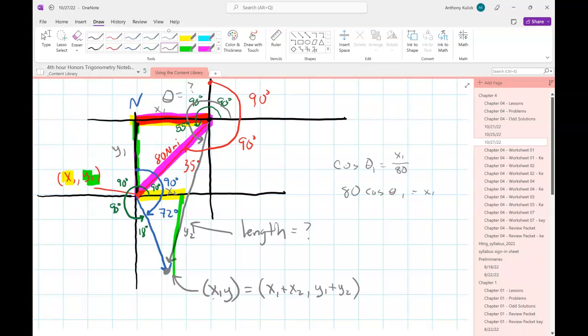Well, look at the picture. x1 is adjacent, right? The angle we know is like here, the 55. So x1 is the adjacent side, and the 80 is the hypotenuse. So that's why I'm using cosine. Because if I use theta instead of the 55, I don't have to remember to make that negative since it's lying in the third quadrant.